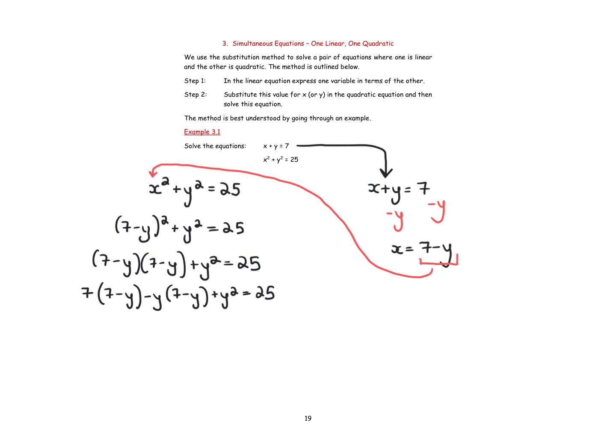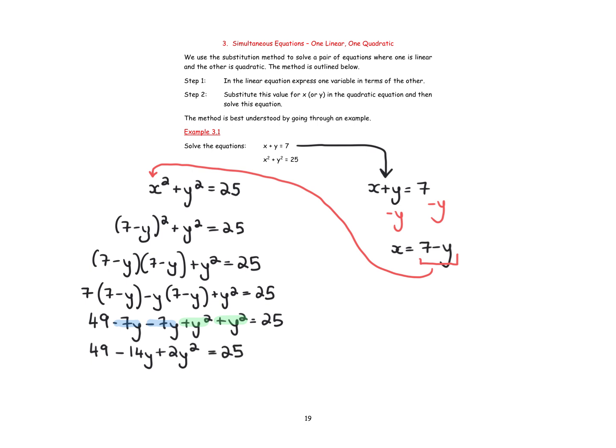Multiplying out the brackets, we get 7 by 7, which is 49, minus 7y, minus 7y, plus y squared is equal to 25. Adding the like terms here, we have minus 7y minus 7y and plus y squared. That will leave us with 49 minus 14y plus 2y squared is equal to 25.